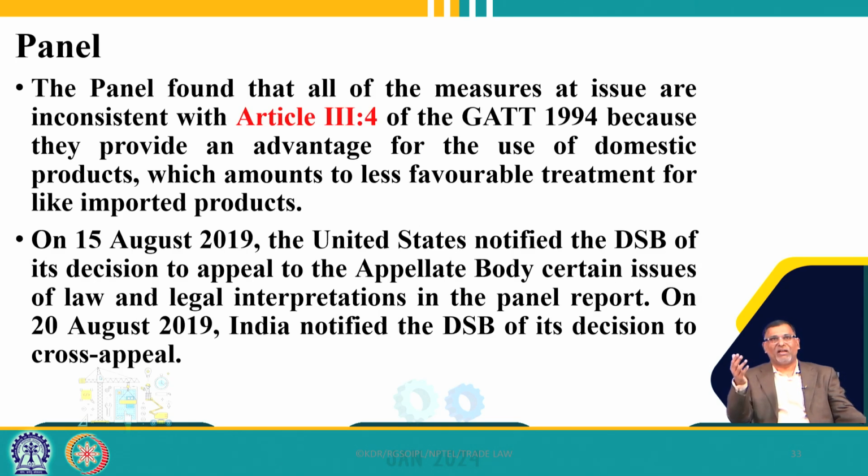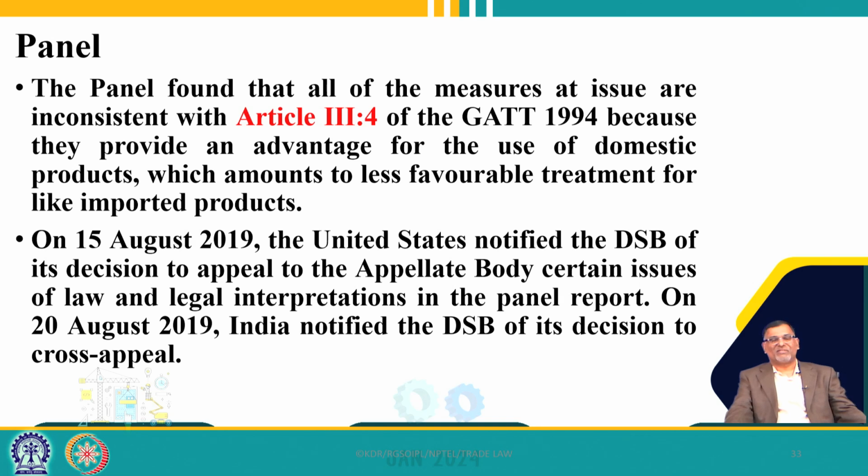We got a similar decision from the panel, and the appeal is pending before the Appellate Body, because there is no Appellate Body presently to decide the appeal. But what happened? Nothing happened. The US got a judgment against India, and India got a judgment against the US.